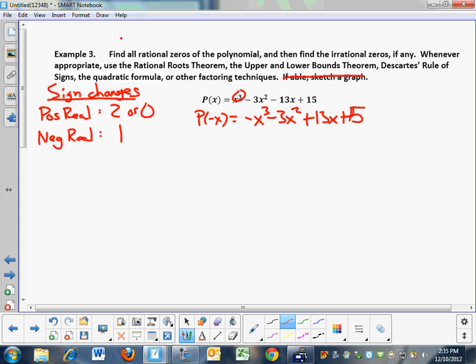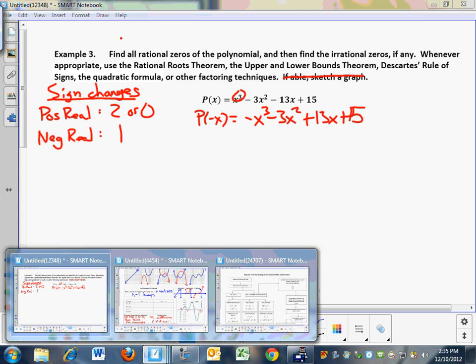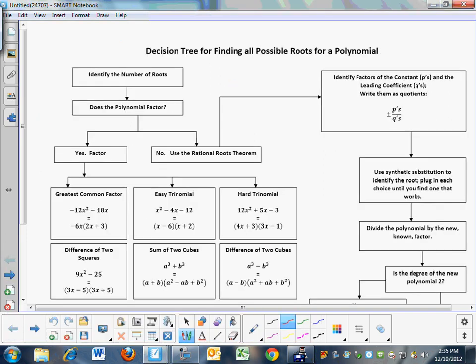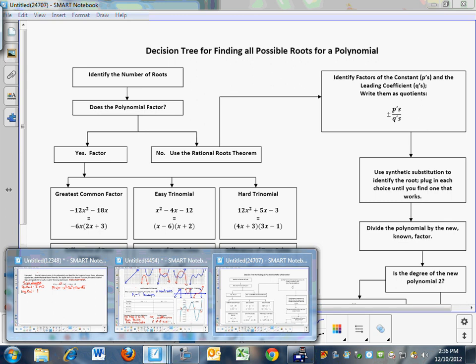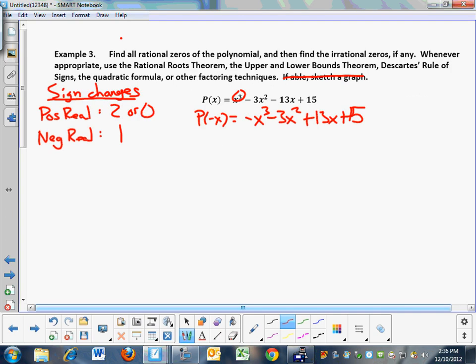I should start the rational roots theorem. If we start our graphic organizer that we talked about, as you look at that polynomial, does it factor? No. If it did, I would use one of these. It does not, so I use the rational roots theorem. I start by identifying my P's and Q's. What are my P's?